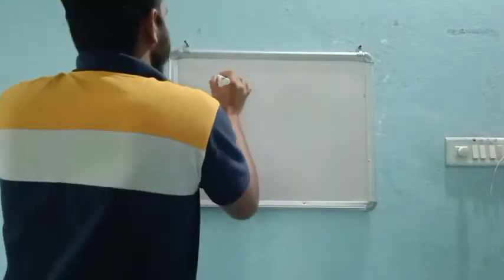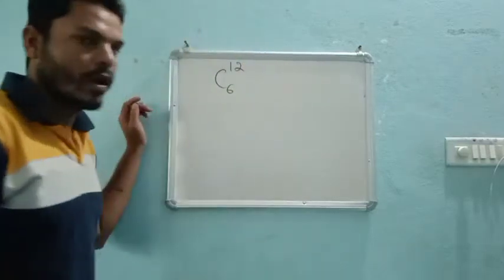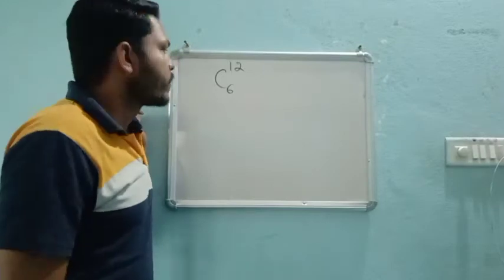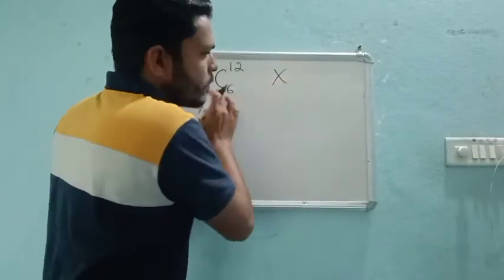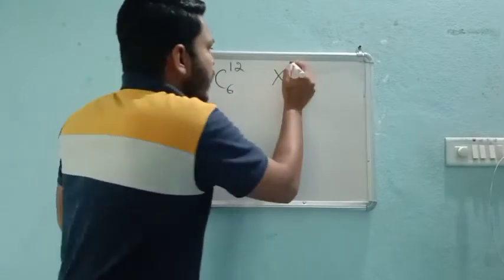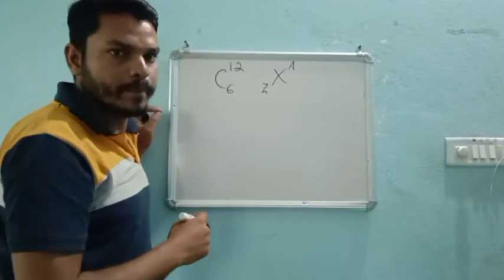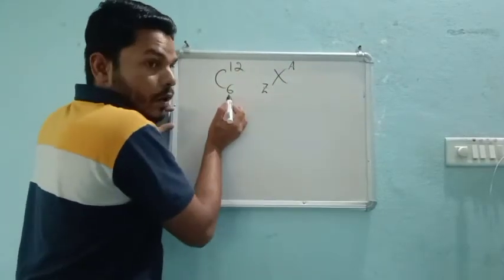For example, if they ask you to calculate the number of neutrons present in a given species or element, you consider it like this: X is any element with A at the top and Z at the bottom. A is the mass number and Z is the atomic number.